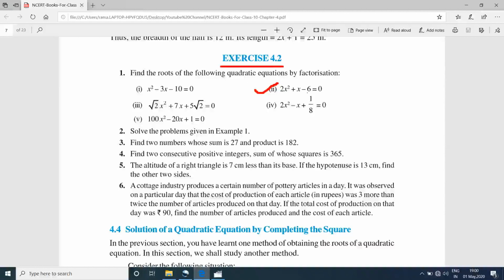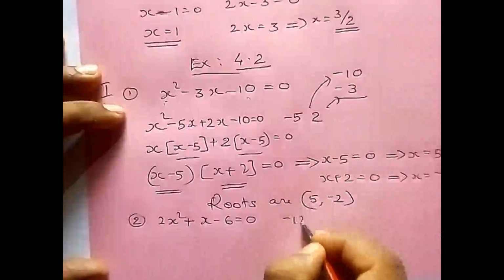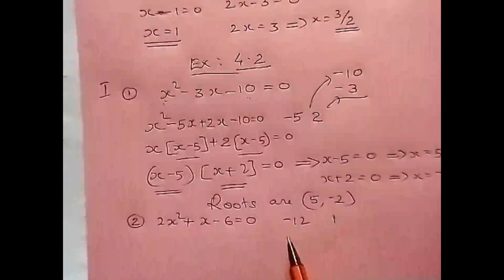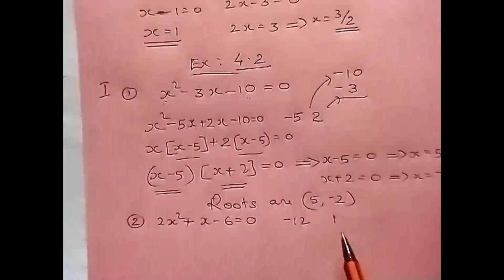Now we will go a little faster. So we are coming to the second question. 2x square plus x minus 6 equal to 0. So the product is equal to minus 12 and the sum is equal to 1. Here the product is negative, means both should be of different sign, and here the sum is positive, means the bigger number should be positive and the difference is 1.